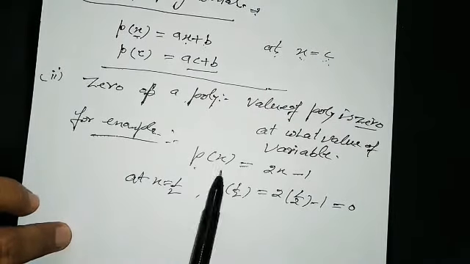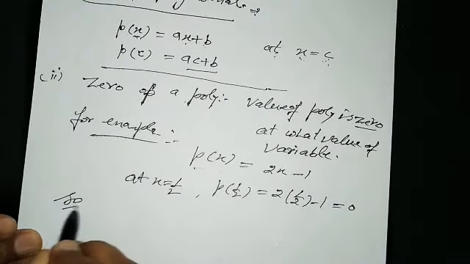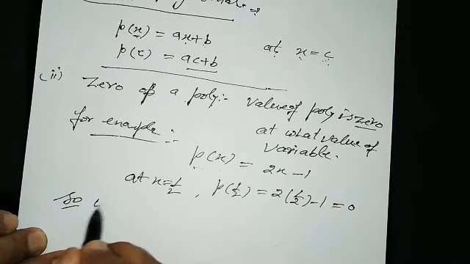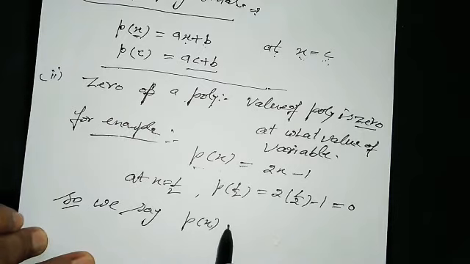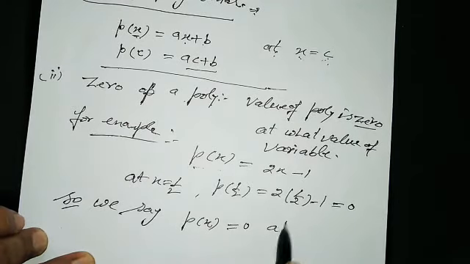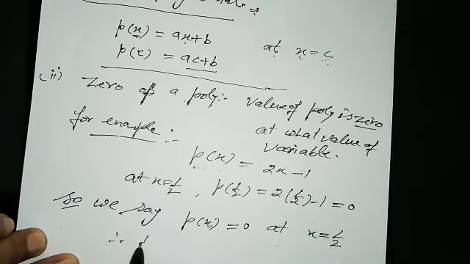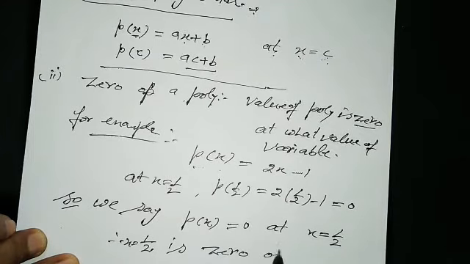So we say p(x) is 0 at x is equal to half, then this half is called zero of polynomial p(x).